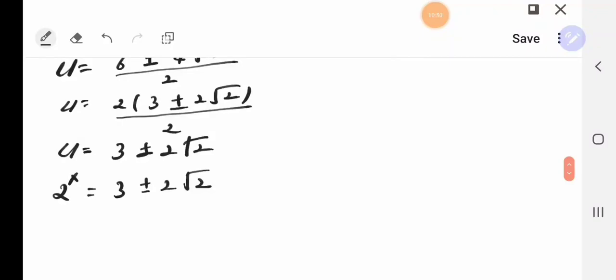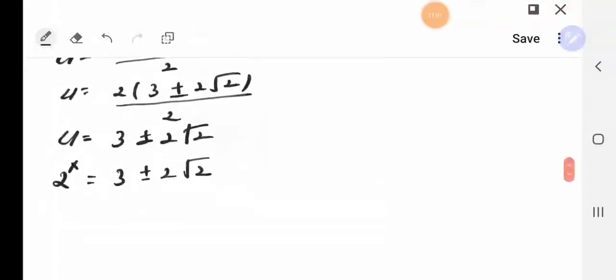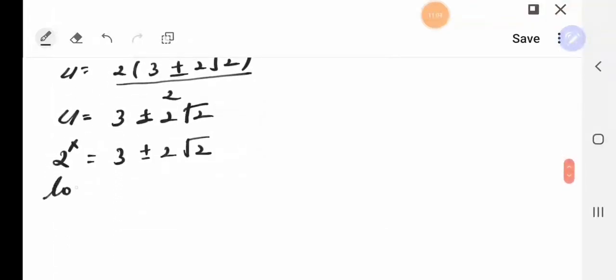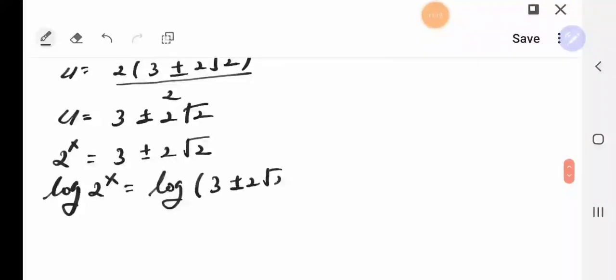Okay, then from this, let's find x. In order to find x, we can take a logarithm on both sides. So 2 to the x is equal to logarithm of 3 plus or minus 2 square root of 2.